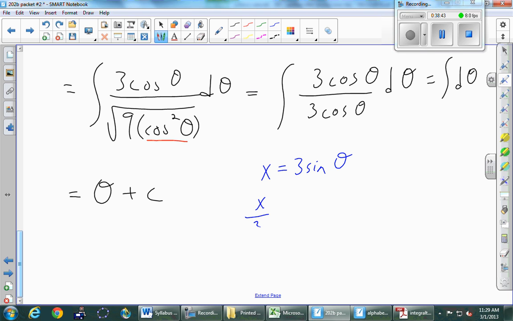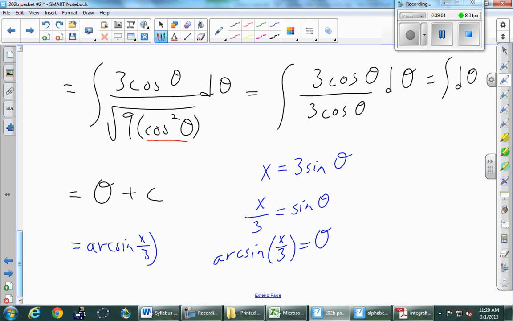So x over 3 is sine theta, and then arc sine. Good. So that's our final answer there.